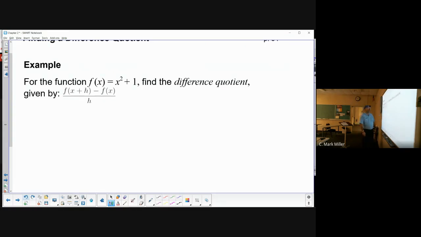So over here, let's go on the side. F of x plus h is going to be x plus h squared. If I plug x plus h into x squared, that's what I get, and I add 1.